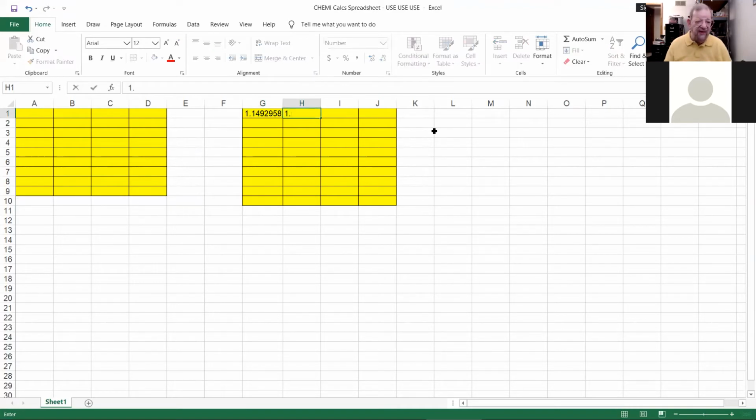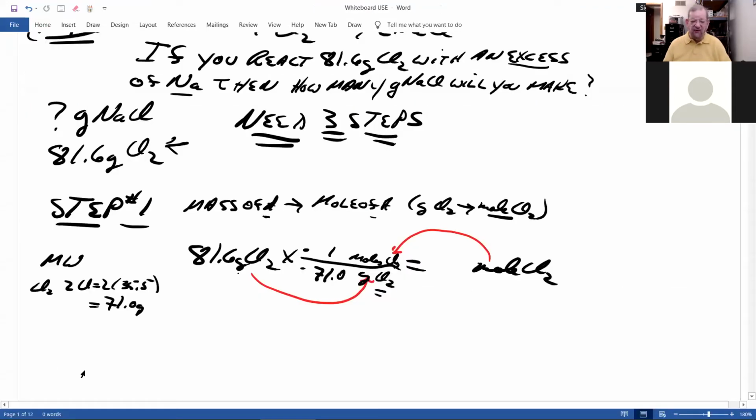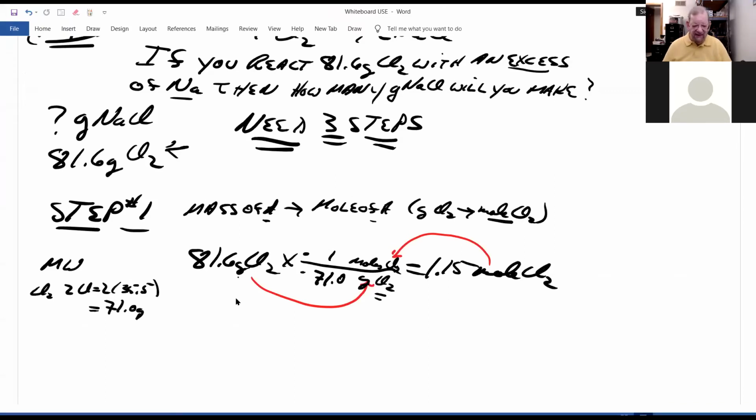So 1.1492958, with 3 significant figures, would be 1.15. Now I'll write that in. By the way, it pays to show your work on this problem, because if you make a mistake, I can track it down and give you partial credit.